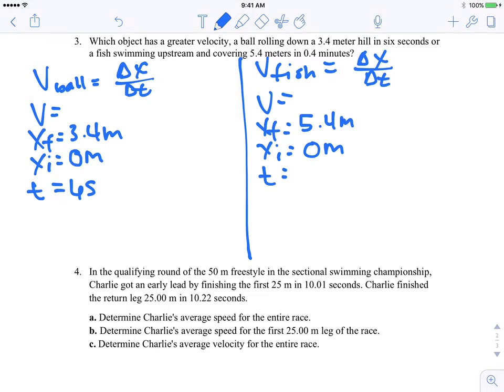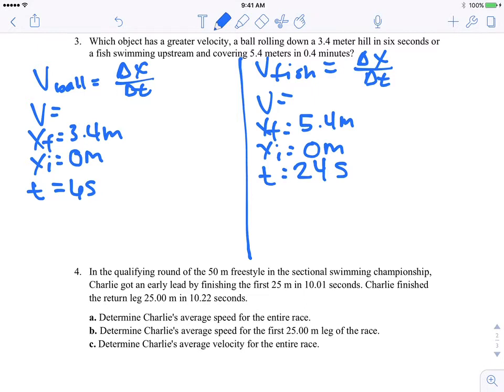For the fish, his total time is 0.4 minutes. Now remember, we need to deal with seconds in our units for velocity. So 0.4 minutes in seconds is just 24 seconds. And how did I figure that out? I just took 0.4 minutes and multiplied it by 60 because there are 60 seconds in a minute.